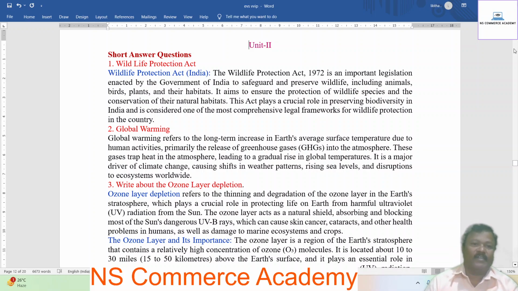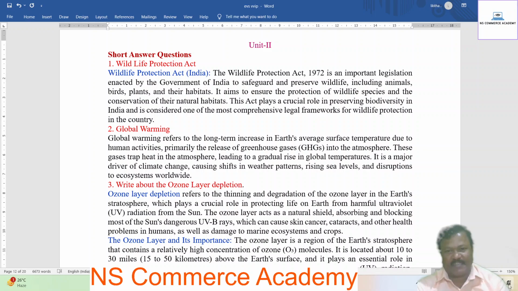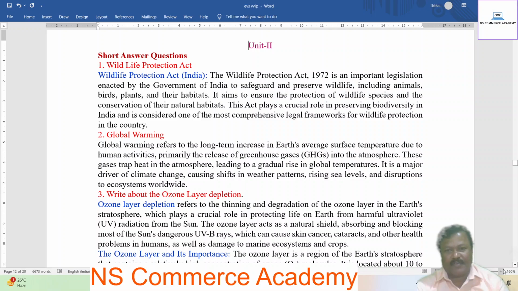Second question: global warming. Global warming refers to the long-term increase in Earth's average surface temperature due to human activities, primarily the release of greenhouse gases, that is GHGs.